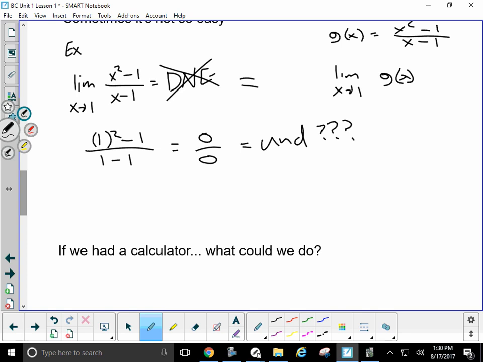And make sure we're using parentheses when we're graphing x squared minus 1 over x minus 1.